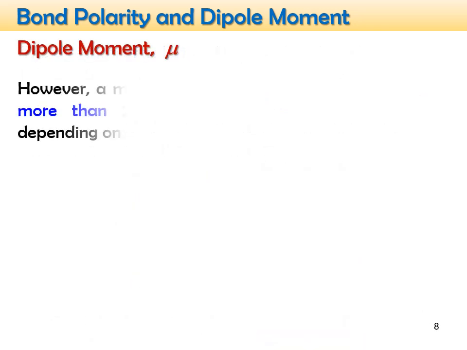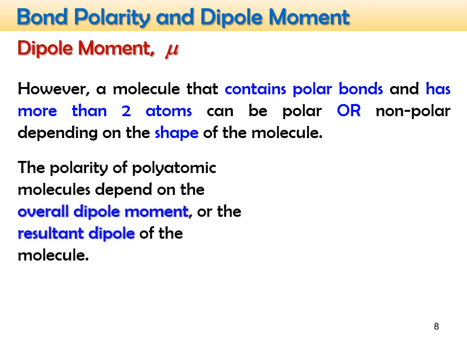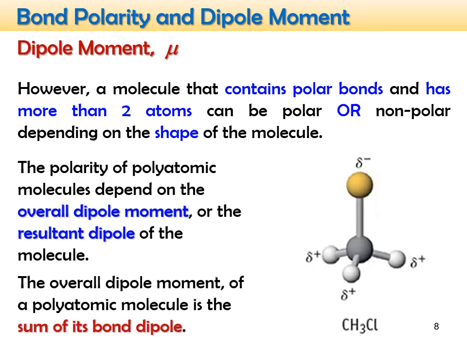Okay, just now we looked at an example with two atoms, but what if the molecule has more than two atoms? Then we need to determine the shape of the molecule first, and next you need to determine the resultant dipole of the molecule.